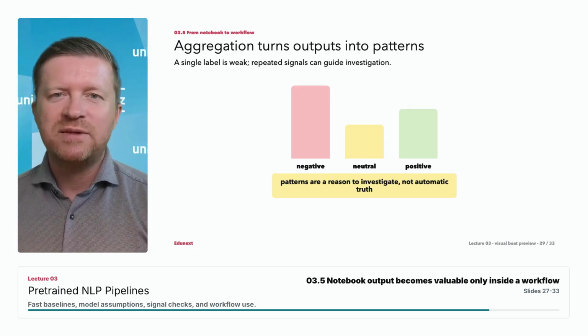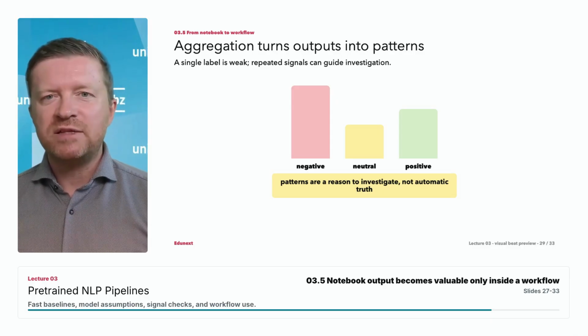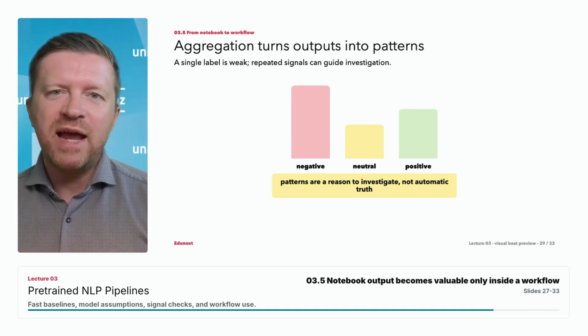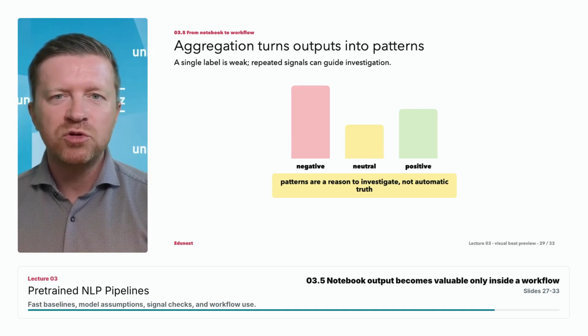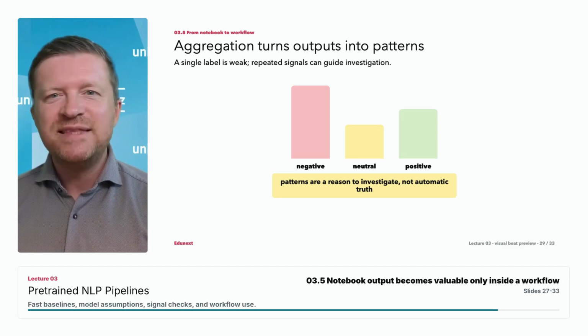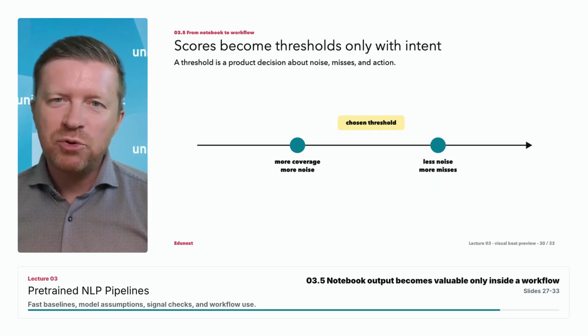Once it is a column, aggregation turns outputs into patterns. A single negative label is not very informative by itself, but if negative labels cluster around one route, one product feature, or one time period, then the signal may guide investigation. This is where NLP becomes useful for managers, analysts, and product teams.